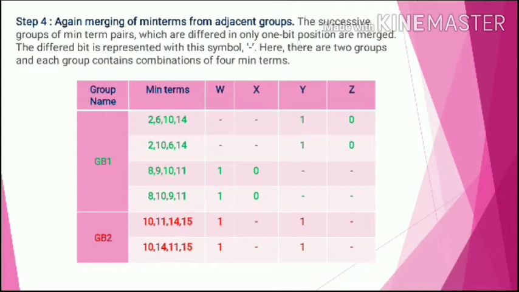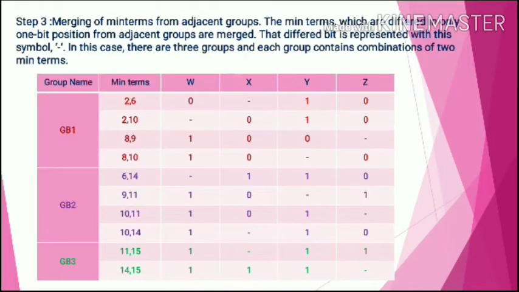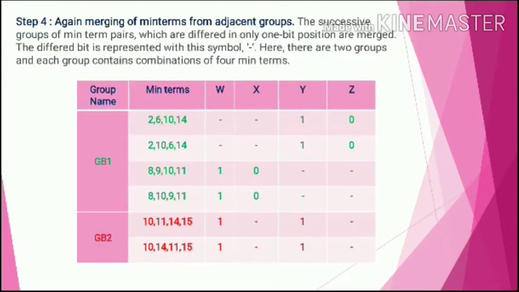See 10, 11, 14, 15 in the previous table: 10, 11 in GB2, 14, 15 in GB3. So 10, 11, 14, 15. Only the second bit differs. So put a hyphen in that place. So 1 hyphen 1 hyphen. In this way we can merge the minterms from the adjacent groups.